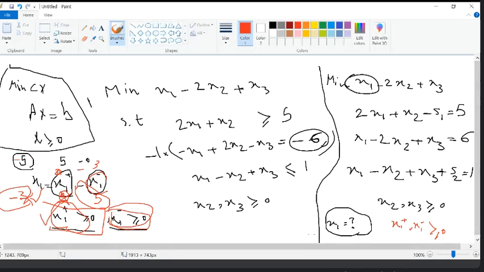This change solves my problem, and x1 changes to x1 plus minus x1 minus.